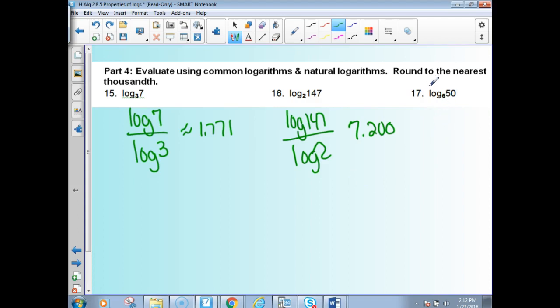And then I know you guys are capable of typing log 50 divided by log 6, and you get 2.183.